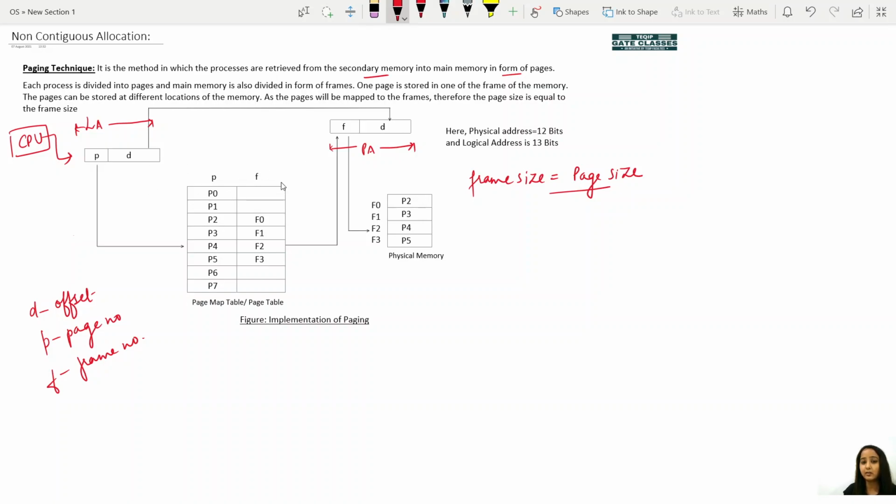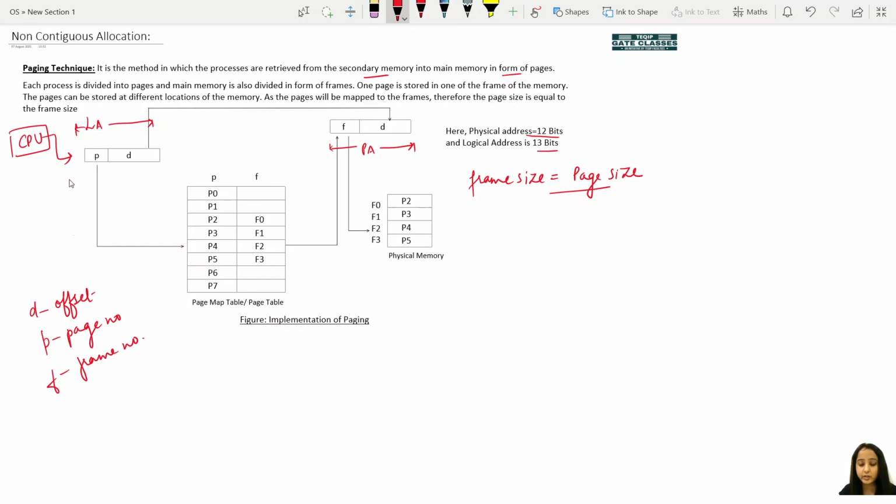Okay, let's take this scenario where your physical address is 12 bits and logical address is 13 bits. Let us see how paging will be implemented here. The logical address, that is the virtual address, is the address generated by the CPU.